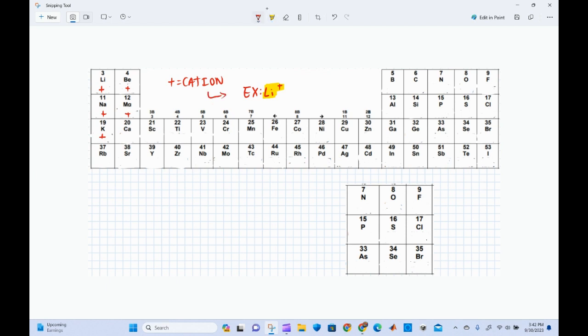So what's the purpose of this? I actually need a better system to copy and paste the pluses. But the idea is that if we have a cation, there's a different trend that it follows.